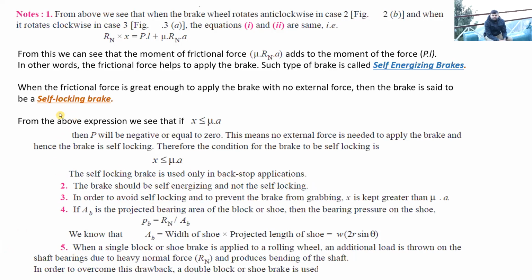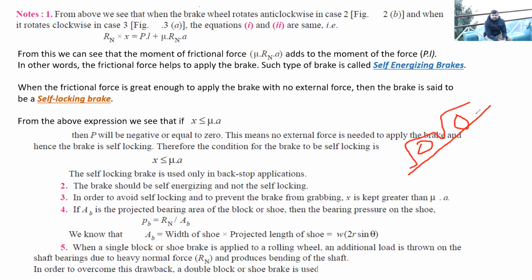But sometimes self-locking brakes are also useful. In order to avoid self-locking and to prevent the brake from grabbing, the value of x is to be kept greater than mu into a. These self-locking brakes are very useful when a car is climbing an elevation.